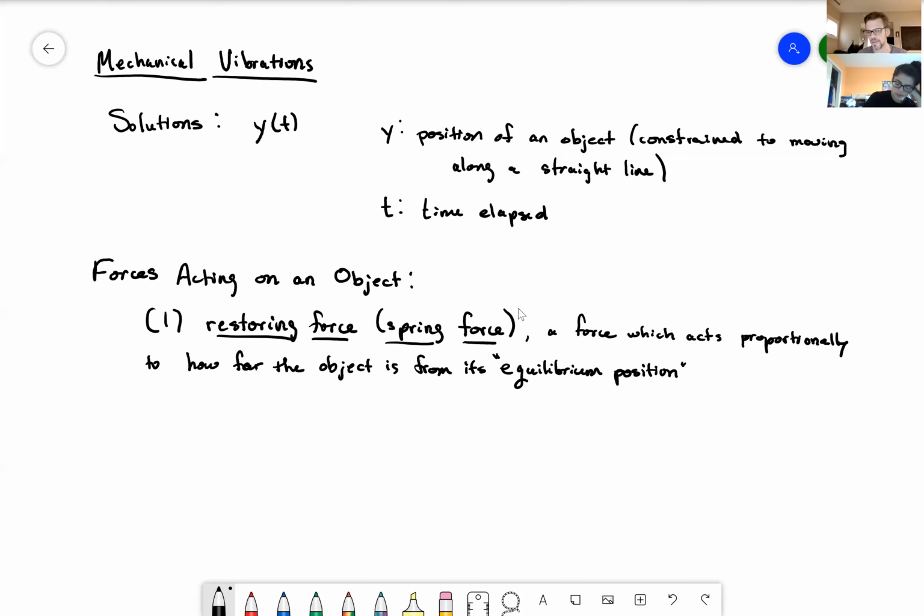This just means a position where, if the object was already there and had no velocity, it would just stay there.